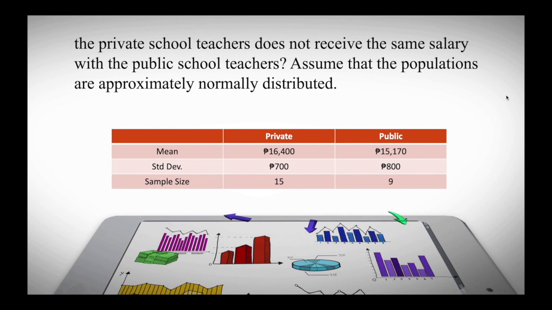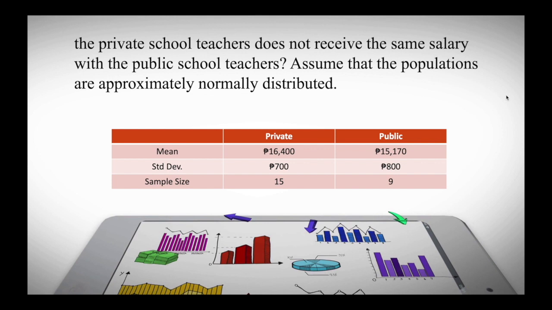So, meaning to say, that will be our claim. And since we use there the does not receive the same salary, so does not equal, we use not equal there, basically, our claim will be the alternative hypothesis, the H sub 1.